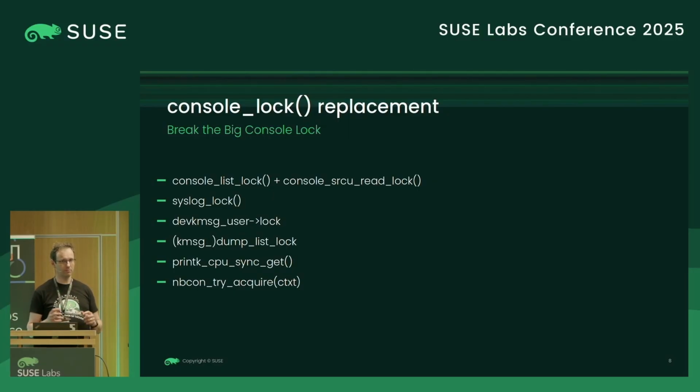Previously, everything was synchronized by console_lock, which historically synchronized a lot of other stuff, including even some code in the TTY subsystem, because historically the first printk was directly accessing the TTY and so on.